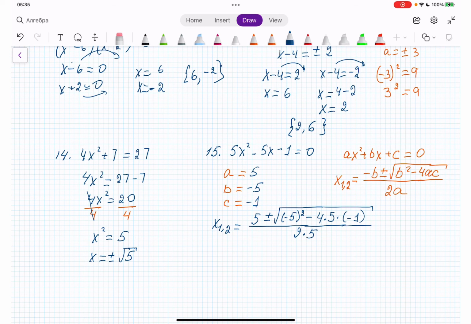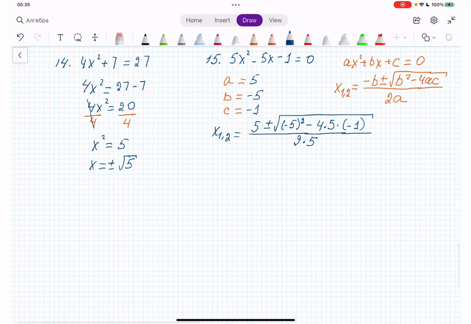Okay, let's solve it. So x1,2 is equal to 5 plus minus, negative 5 squared is 25. Now I have minus 4 times 5 times negative 1.